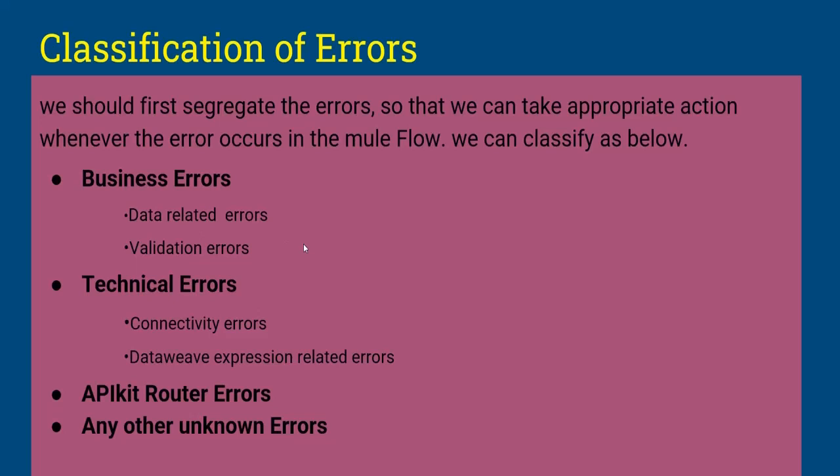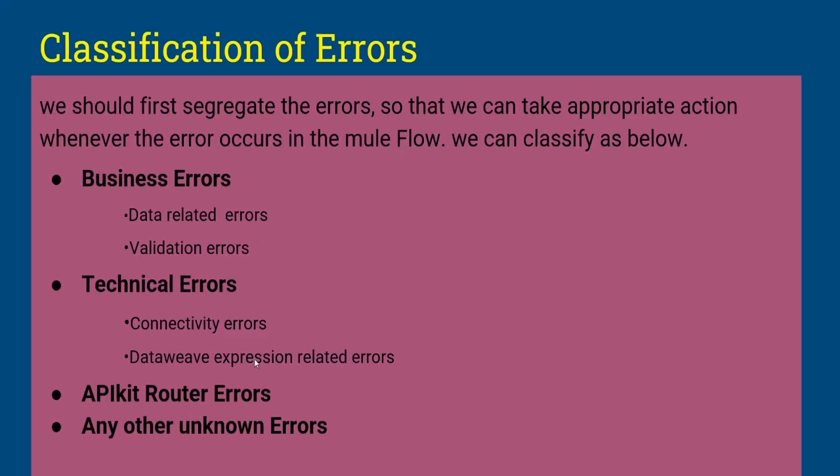Or if you have given a wrong pin to unlock your phone, that is a data related error. So what are validation errors? For example, while filling an online form, in the mobile field, you have entered your name, because the mobile field accepts only numbers, but you have entered characters, ABCD characters with your name. That is nothing but a validation error, because it does the validation that a mobile number will have only digits, but you have entered characters. So those two types of errors come under business errors in general.